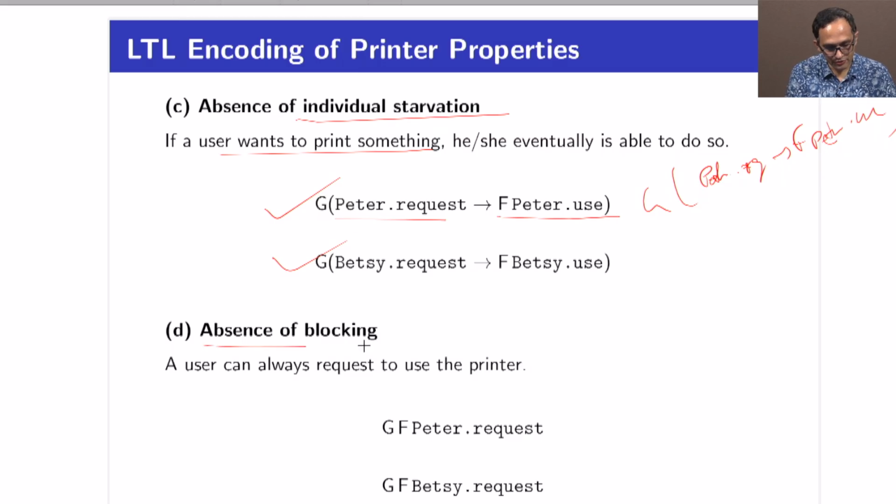Then the 4th one is absence of blocking. That means a user can always request the printer. That means infinitely often he will request, right? So that means GF Peter request and GF Betsy request. Okay. So can always request means anytime in future he will get another request from Peter or Betsy. So it is basically infinitely often. Okay. So GF Peter request and GF Betsy request.